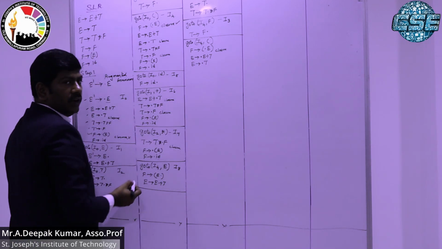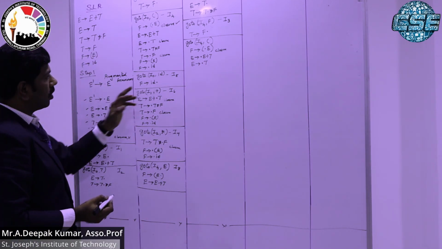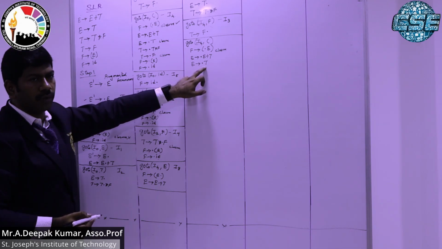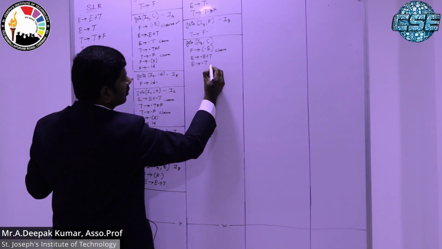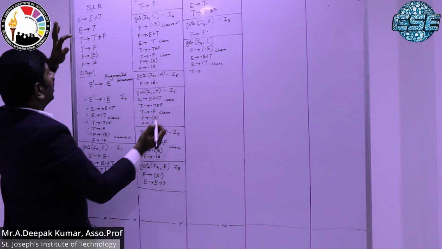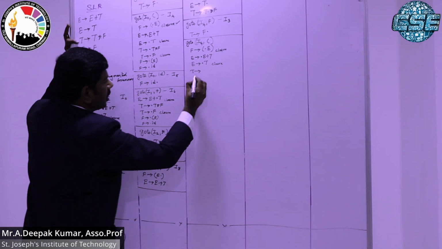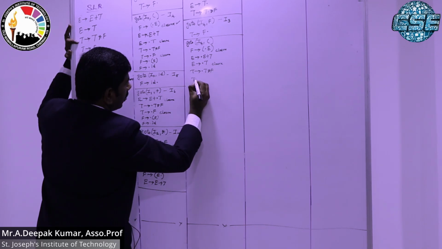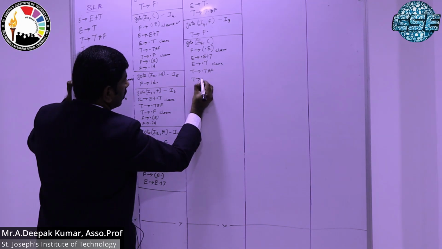After dot I have a non-terminal E, that is already taken care of, so I am just ignoring it. After dot I have non-terminal T, I will include it because closure is applicable here. So T derives dot T star F and T derives dot F.